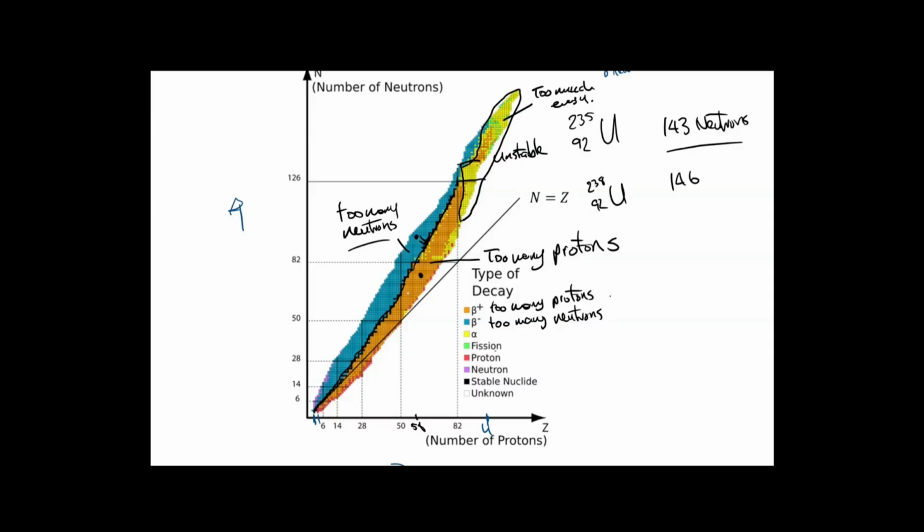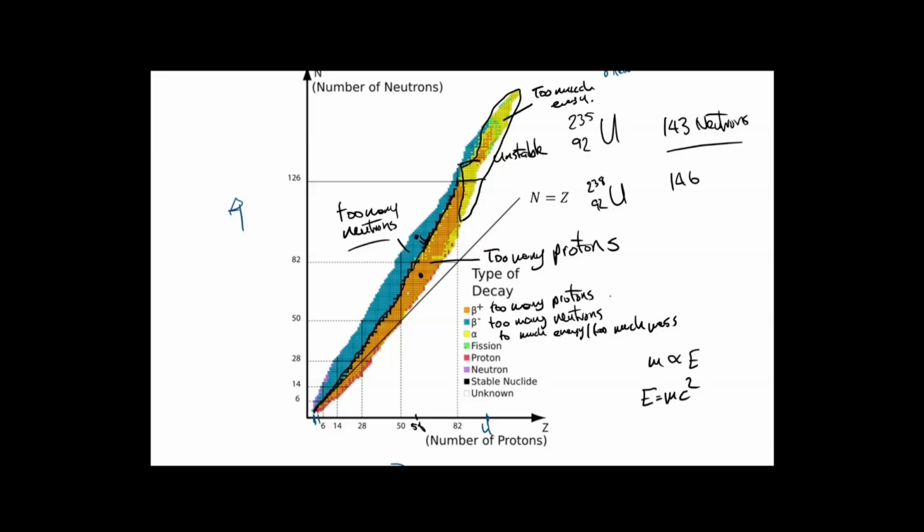If there is alpha decay, it means there is too much energy and really just too much mass. Mass is proportional to the amount of energy through E equals mc squared.